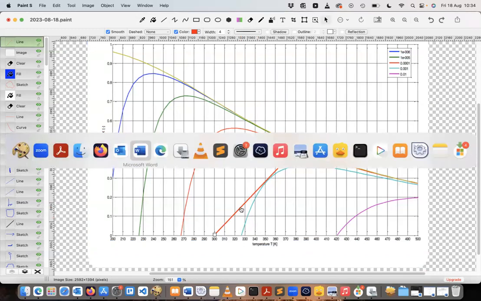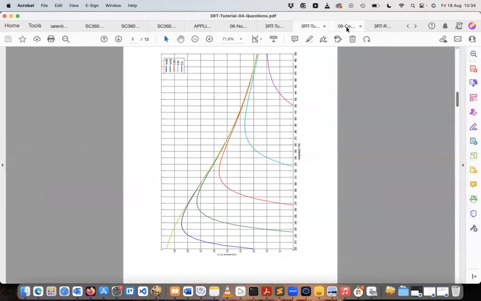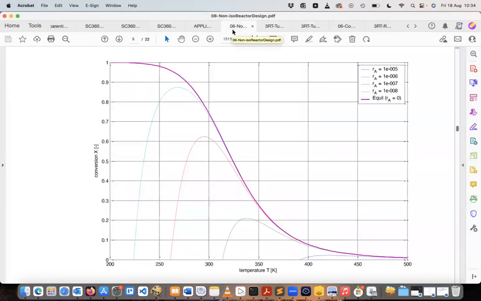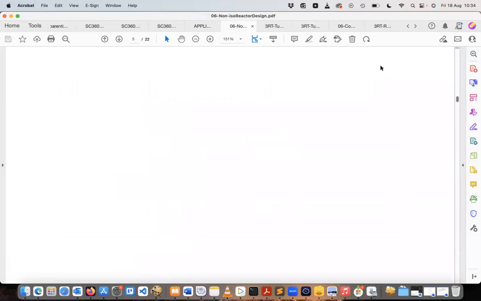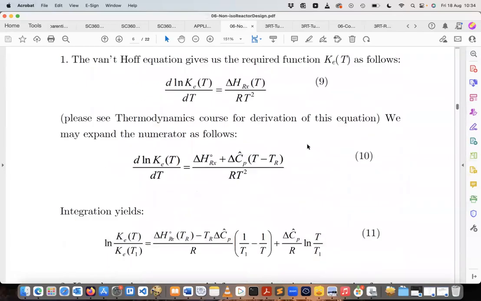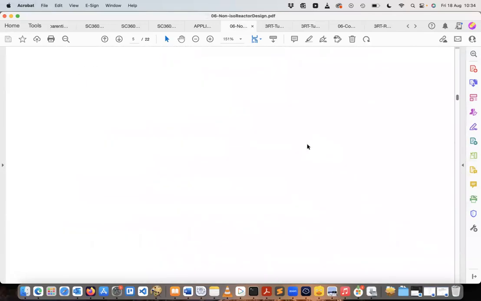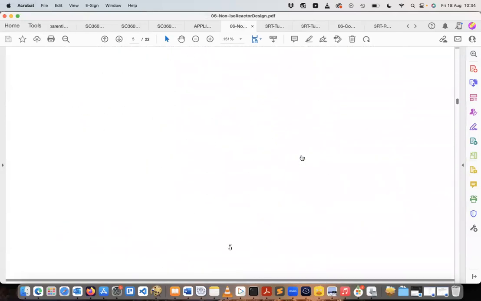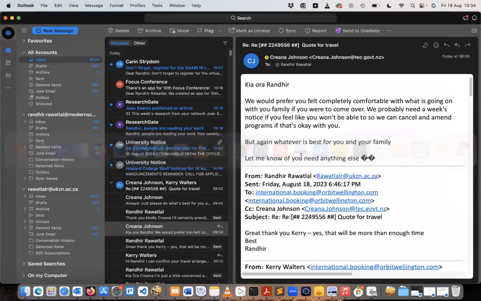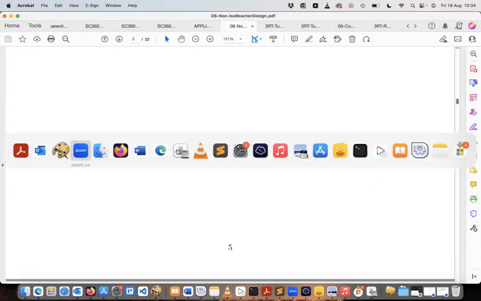So remember, this is the adiabat. We have available to us the adiabatic line. Okay, let's just write it. So we have available an adiabat.